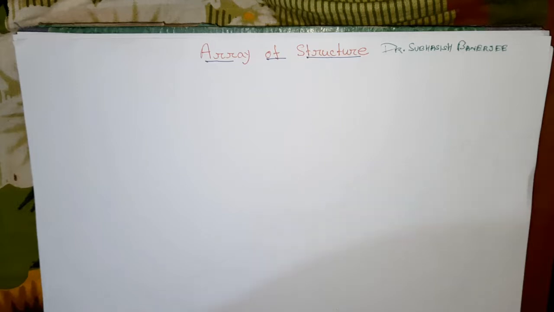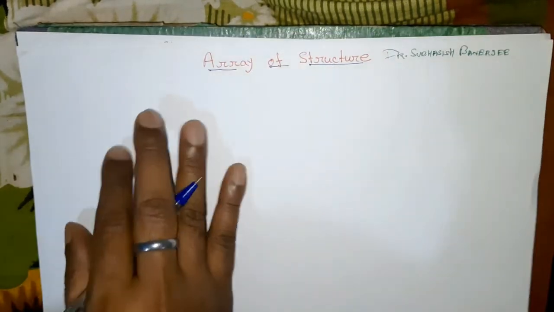As we know, whenever we have more values or more records to store, we can use an array. So here the array is going to be used in the structure in the form of structure variables, in the form of instances.